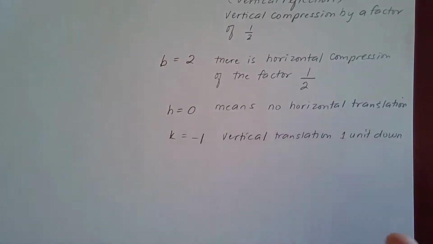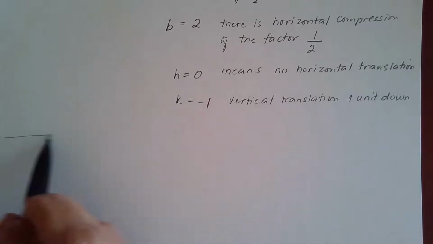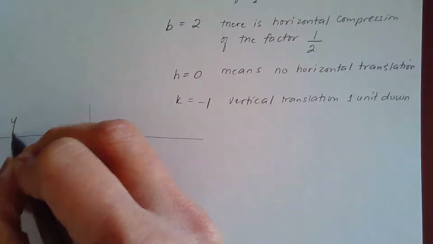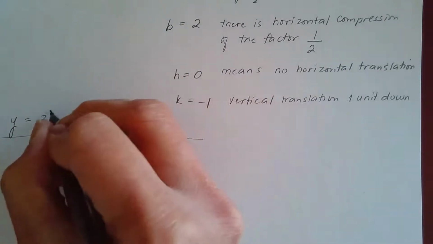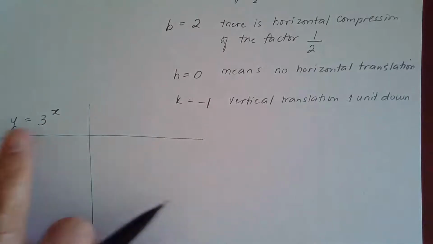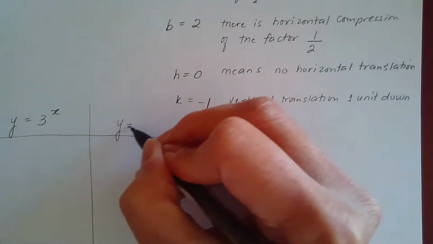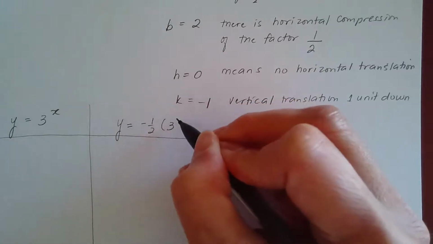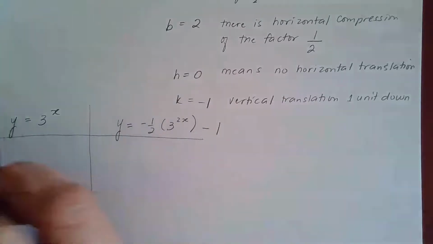If I just look at the most basic graph, it would be 3 to the x. That's without the transformation. Now with the transformation, it's going to be y equals -1/2 times 3 to the exponent 2x minus 1.